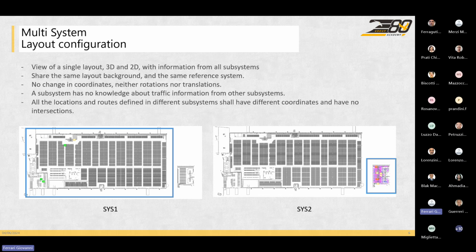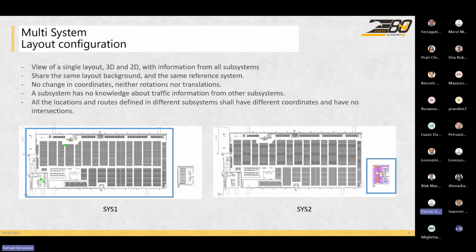But then they can have independent definitions of segments, routes, stations, operation points, and whatever. So the first layout here on the left only has to define everything that is required in this area. Again, segments, stations, operation points, etc. And it should not care about anything in the area that is handled by system 2, and vice versa.